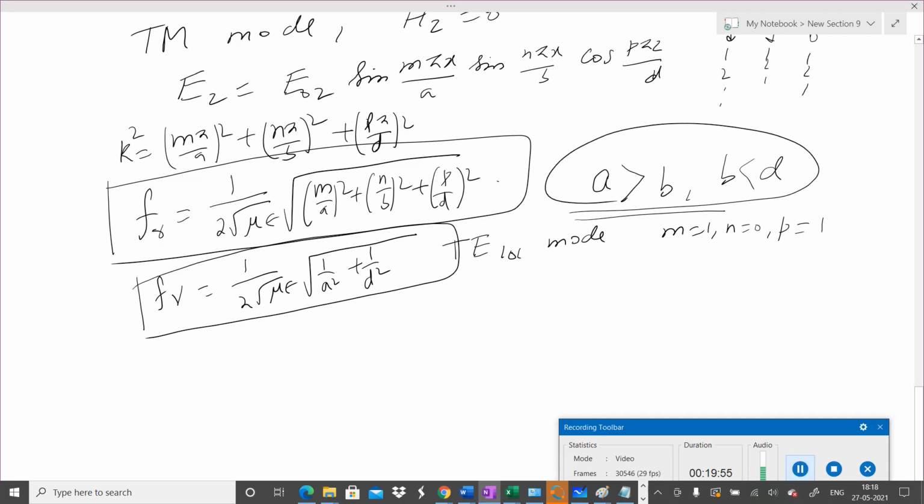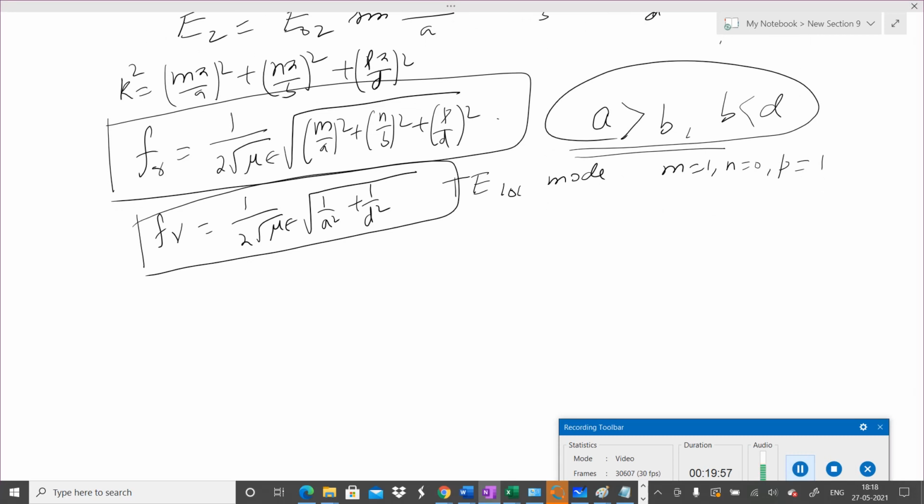And how do we store electromagnetic energy? There are two ways. One is this is your resonator, and you insert a straight wire probe at a position here. This is the input now, and then correspondingly you will have the electric field if it is a TE mode, or the magnetic field if it is a TM mode.